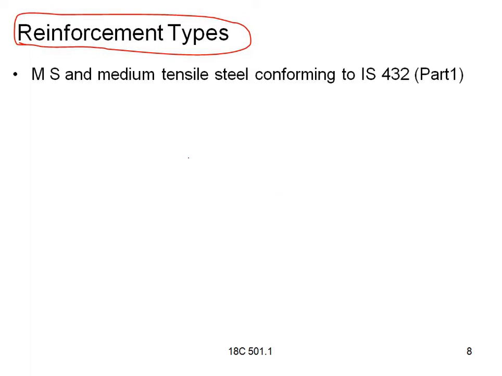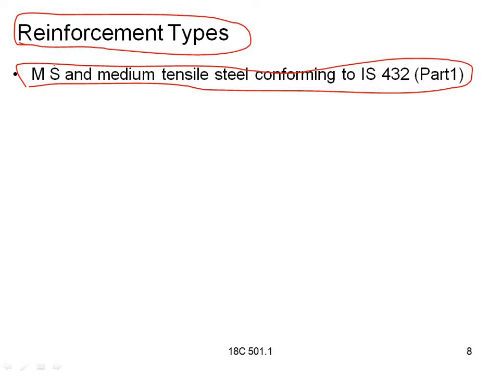And now next we are going to see reinforcement types. This is very important. Reinforcement is another important topic in RCC. Just as the cement performs its duties in the RCC, the reinforcement also performs its duties. Here you can see MS and medium tensile steel conforming to IS 432 part 1.